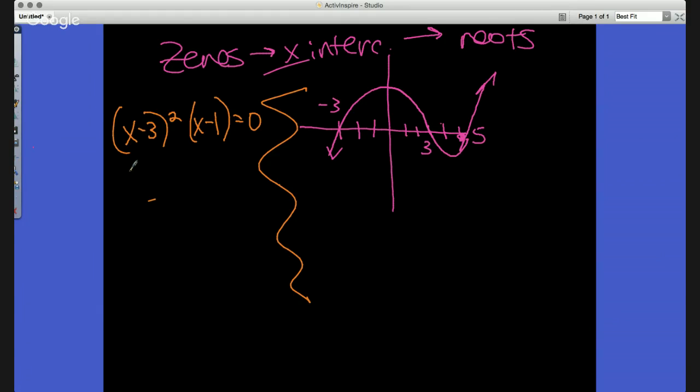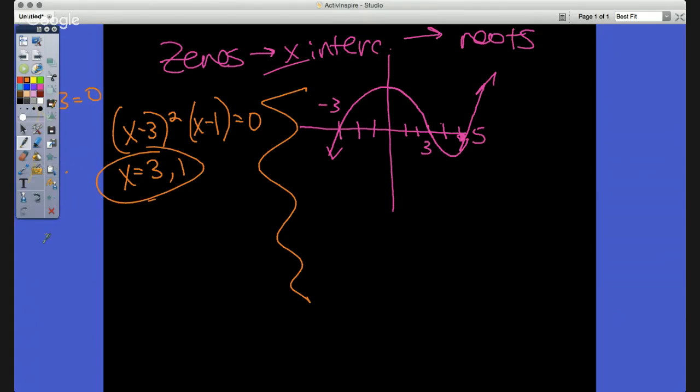If I were to ask you what the x-intercepts of this expression are, you would say x equals 3 and x equals 1. You did that because you set x minus 3 equals 0, as well as x minus 1 equals 0, add 3, add 1, and that's how you got the 3 and 1.